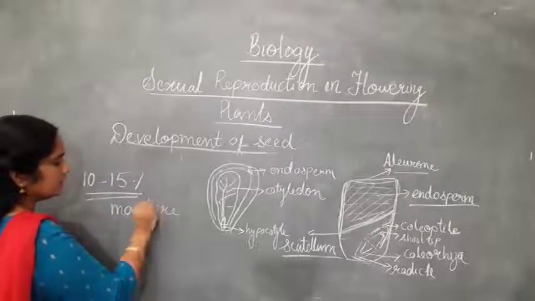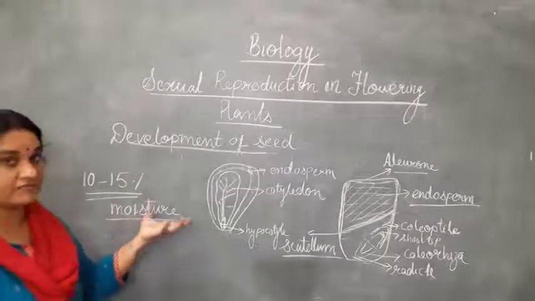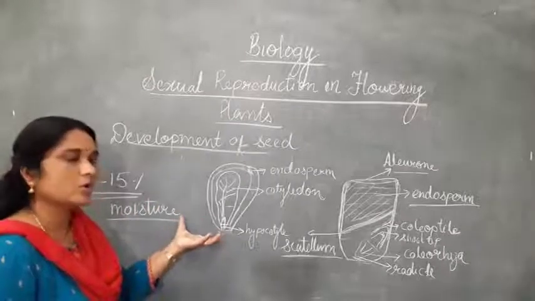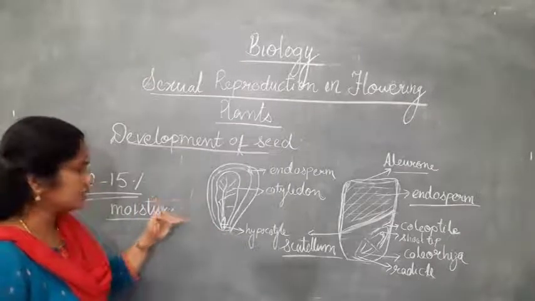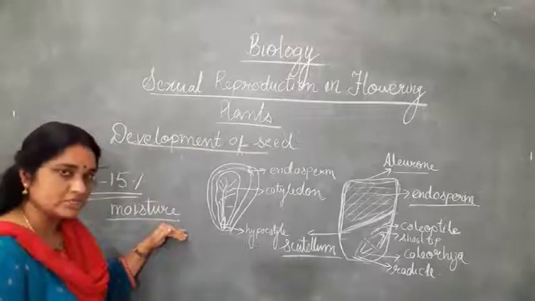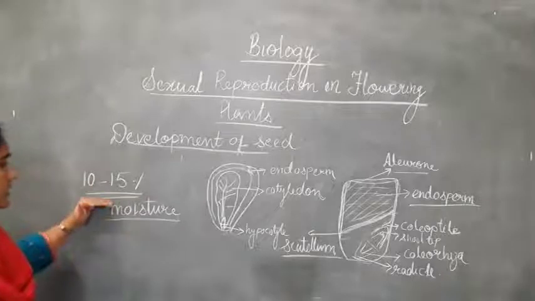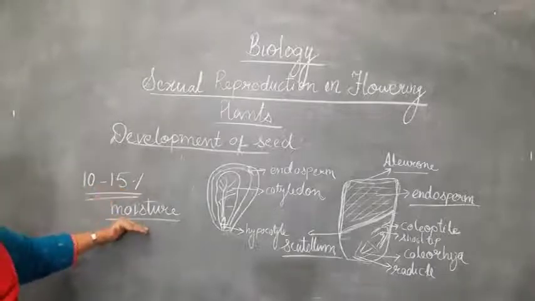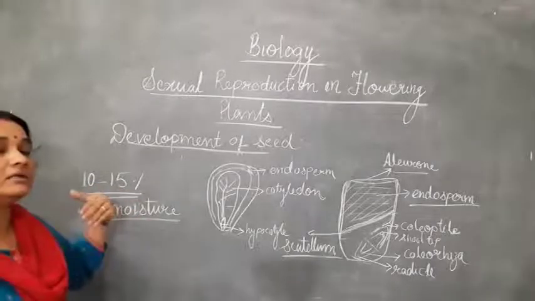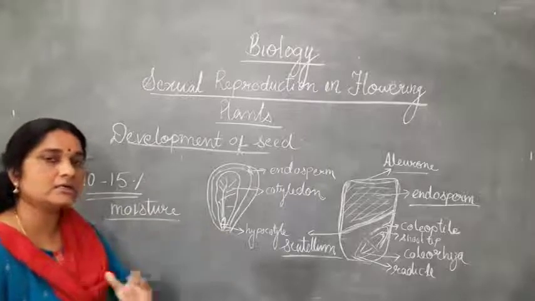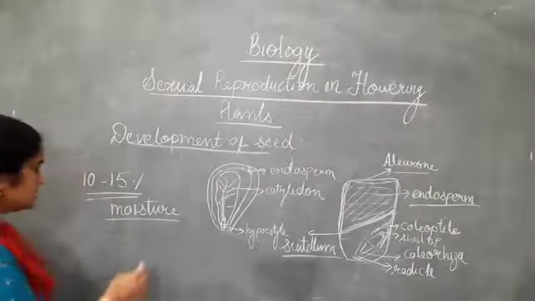The remaining water in the fleshy seed is dehydrated. So the seed undergoes dehydration, and then it can be stored for many years. It retains only 10 to 15% of moisture, and the seed enters the dormancy state. That is known as seed dormancy.